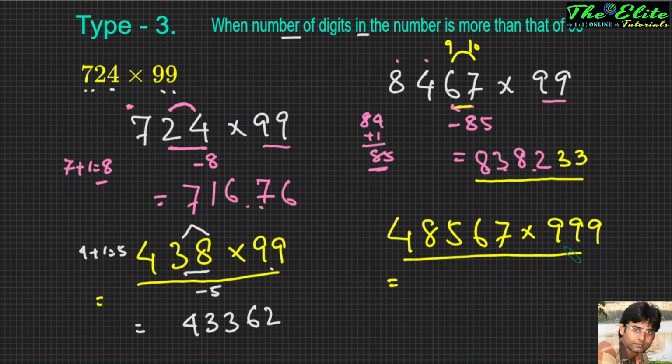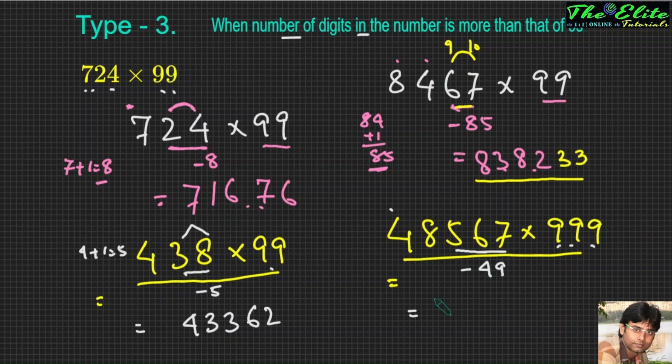For here, how many nines are there? 3 nines, so 3 digits from the right side will be marked. The rest is 48, so if we add 1 to 48, it is 49. So you have to subtract 49 from this number and write the very first step number, and that is how much?